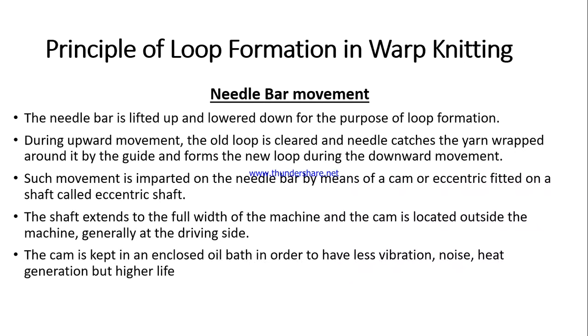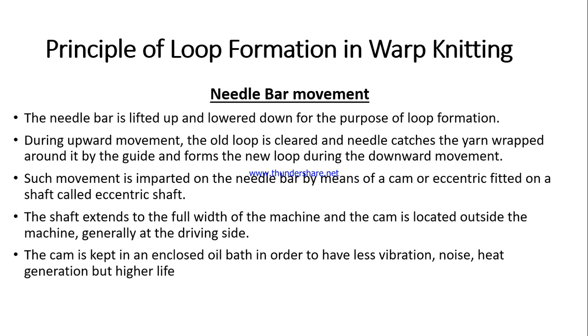So, the principle of loop formation in warp knitting. Needle bar movement. You know the needle is the most important knitting element in both warp knitting and weft knitting. Needles in the warp knitting machines are placed on the needle bar.